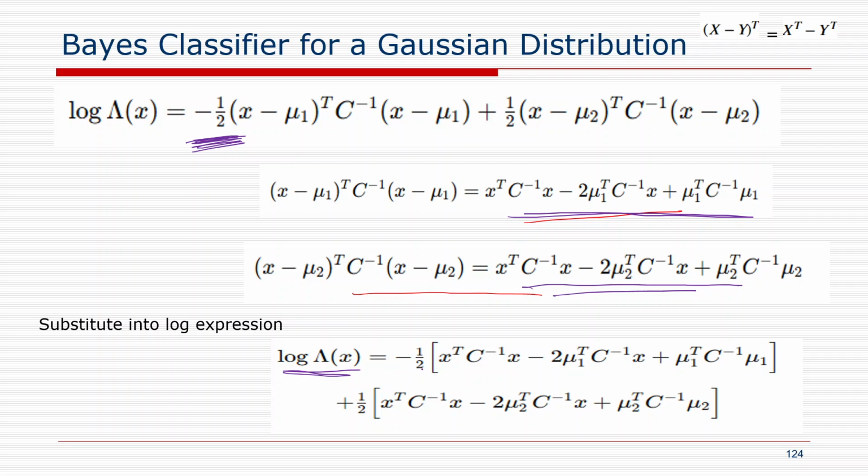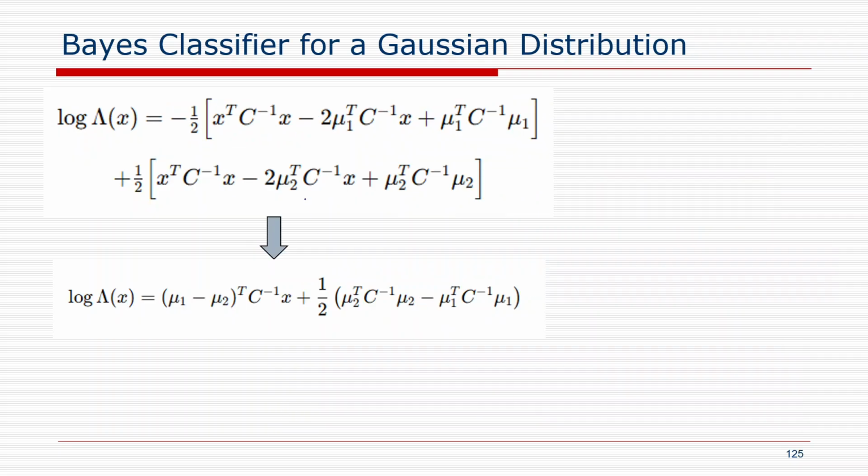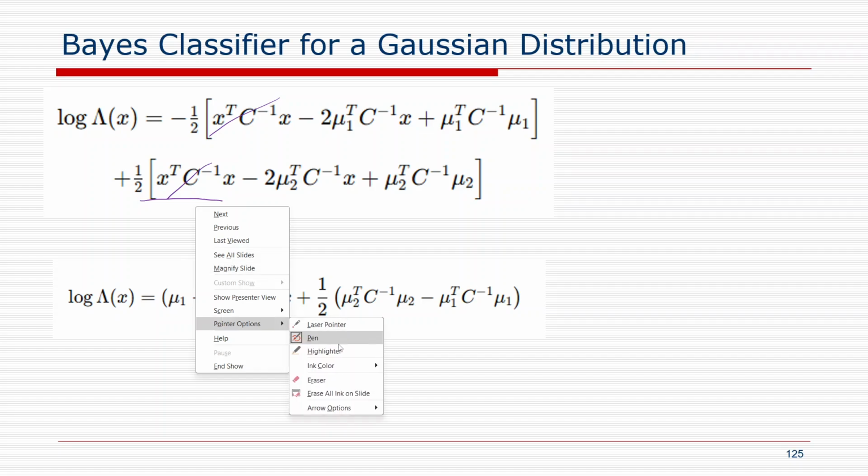Therefore, this becomes minus 1 by 2 times this term, and plus 1 by 2 times this term, what we got under the simplification. Now, taking this equation forward, when we add up these terms, here we have minus 1 by 2 x transpose C inverse x, and here it is plus 1 by 2 x transpose C inverse x. Therefore, this term and this term will get cancelled out.